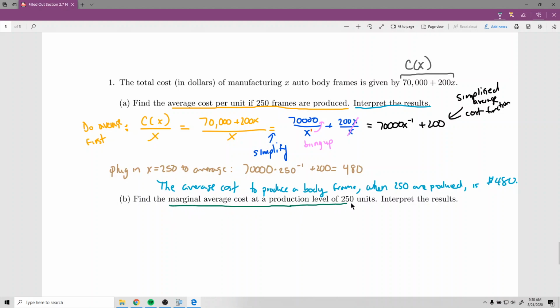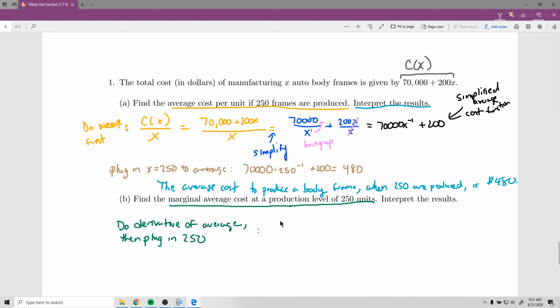All right, so we want to do the derivative of the average. Now, since we did the average in the previous step and we simplified it, we're going to do the derivative of this. Then plug in 250.